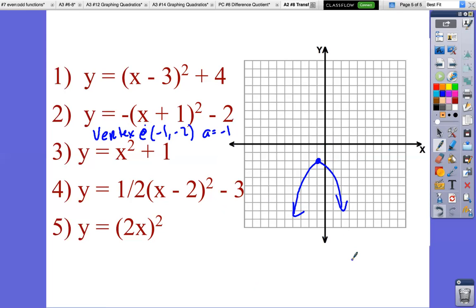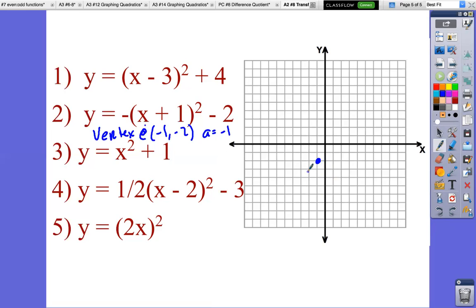Now, like I said, I need 5 points. You can always make the table, but I don't need to make a table. Because, again, my A value is -1. So if I go left to right 1, what's 1 squared? 1.